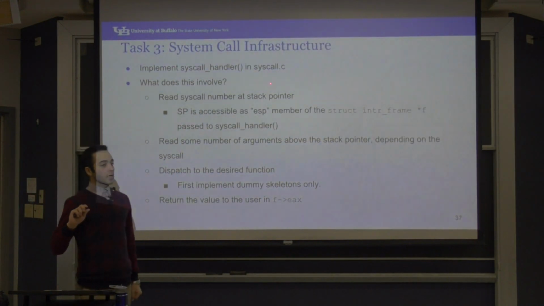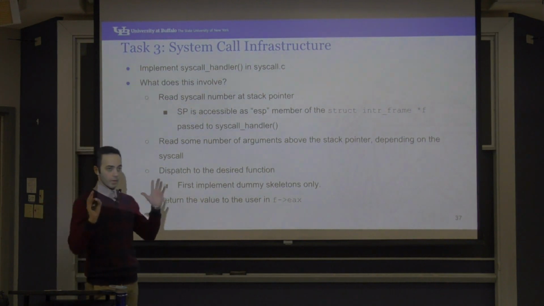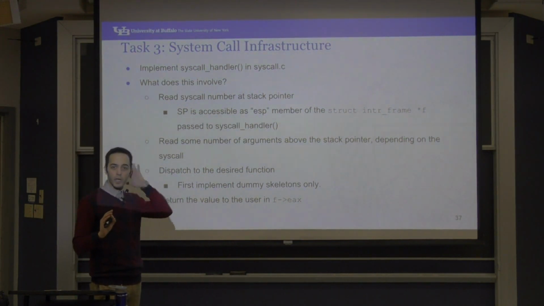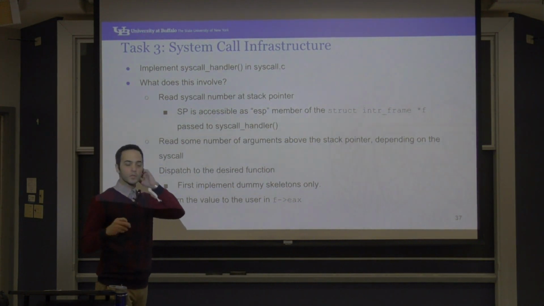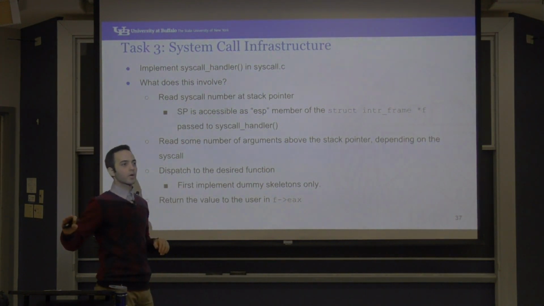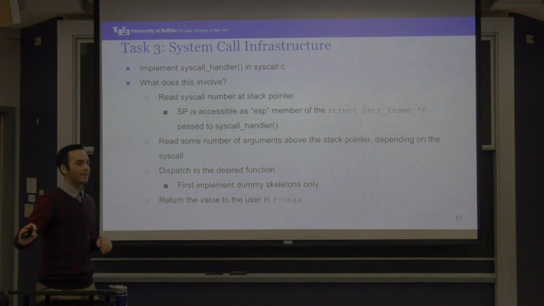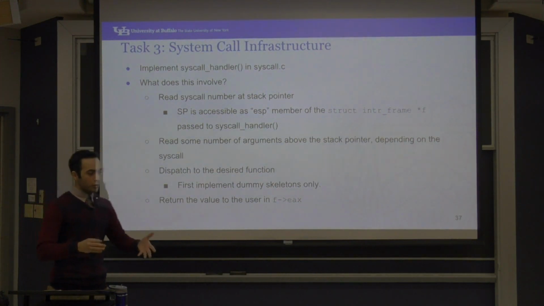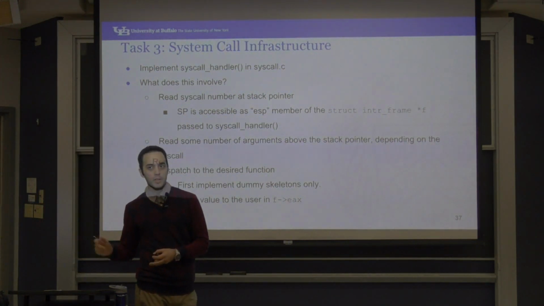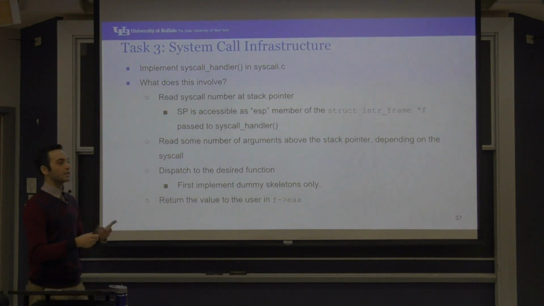Then we have to implement the system call infrastructure. Meaning, now the user program, argument passing, by the way, you have to be done with it in two weeks. Because if you start struggling down the road, if you don't have argument passing, you can't pass anything. Now, when a user program calls a system call, the handler comes in as a software interrupt.